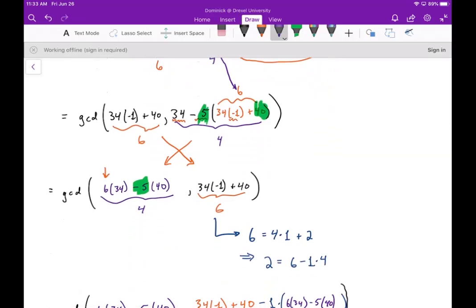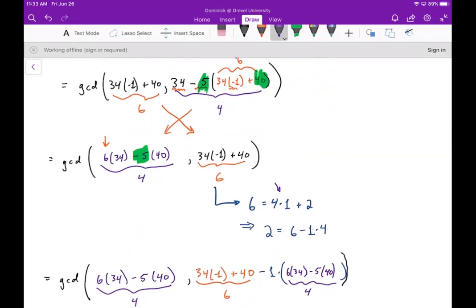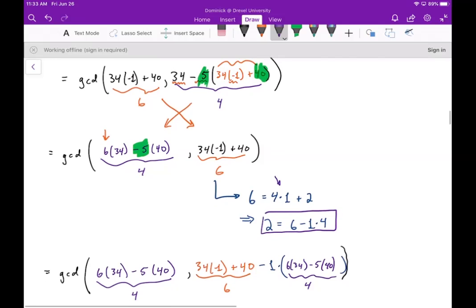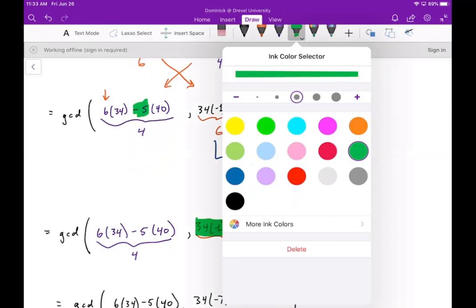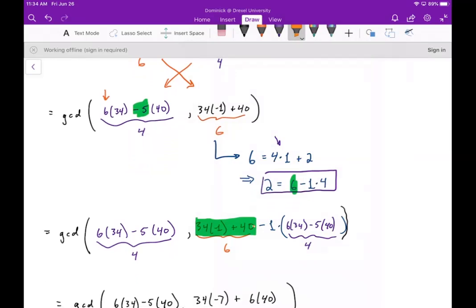Now 6 we can write as 4 times 1 plus 2. Solving for 2, we get that 2 is equal to 6 minus 1 times 4. But now we can substitute for 6 and 4. This 6 becomes 34 times -1 plus 40 again. And this 4 becomes 6 times 34 minus 5 times 40, which we found in the previous step.